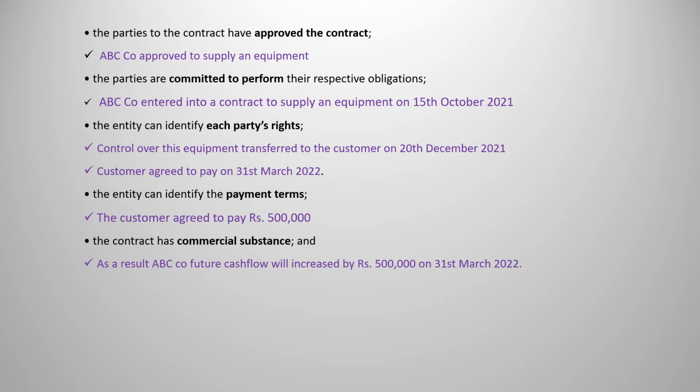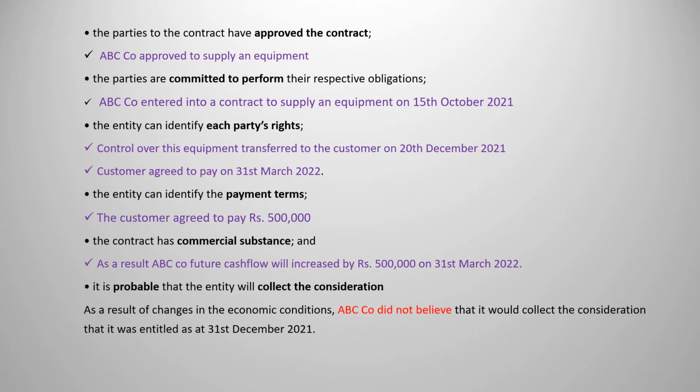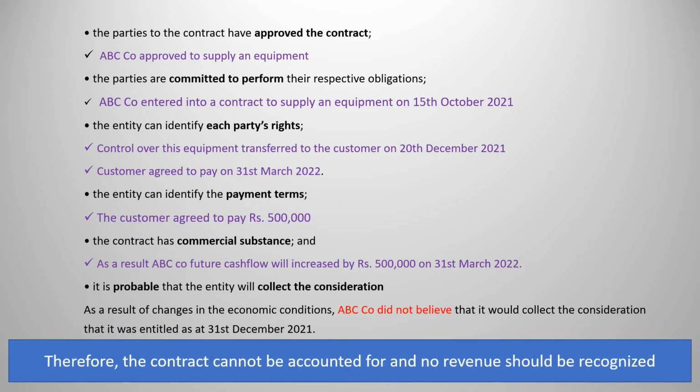Then, as a result of this transaction, ABC company's future cash flow will increase by rupees 500,000 on 31st March 2022. Since it affected the cash flow of the company, we can note that there's a commercial substance. Finally, as a result of these changes in economic conditions, it says that ABC company did not believe that it would collect the consideration.